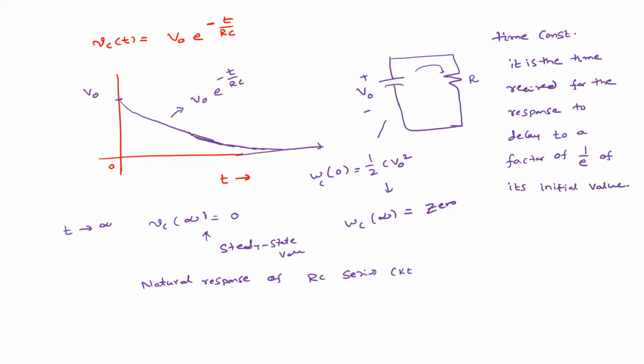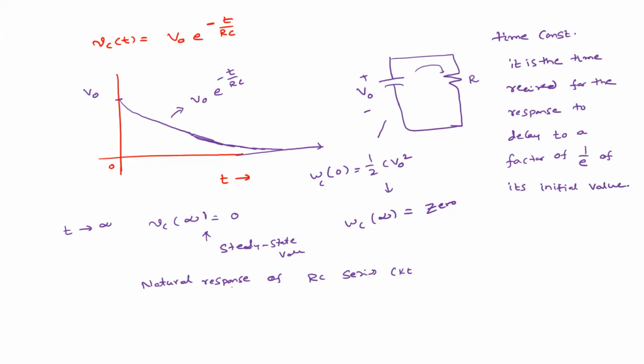One by E of its initial value. So time constant is defined as the time required for the response to decay to a factor of 1 by E of its initial value.